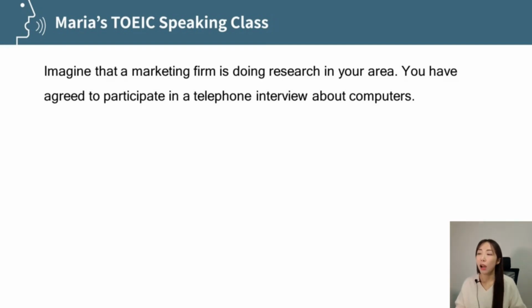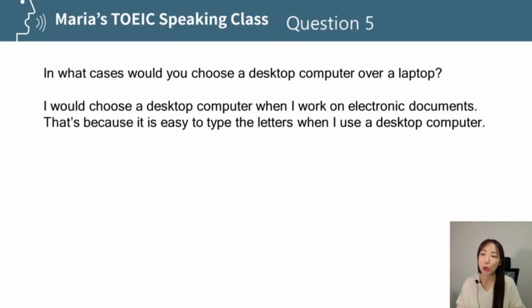컴퓨터 문제 또 나왔네요. In what cases would you choose a desktop computer over a laptop? 자, 여기서 over는 또 역시나 뭐뭐 대신에, 랩탑 대신에 데스크탑을 어떤 경우에 선택하시겠어요? 저는 문서 작업할 때 데스크탑이 더 좋은 것 같은데요. 이렇게 모니터랑 떨어져 있잖아요.